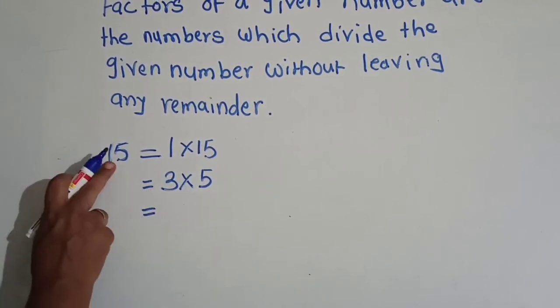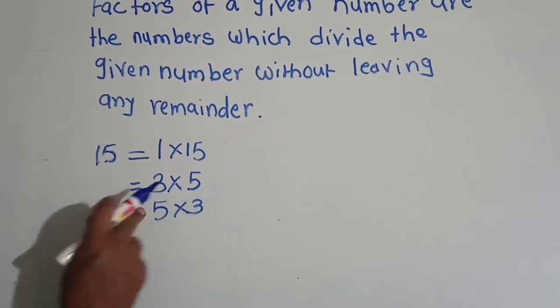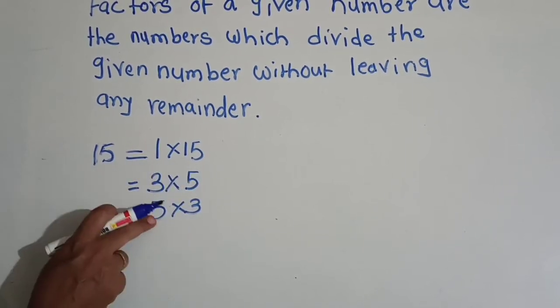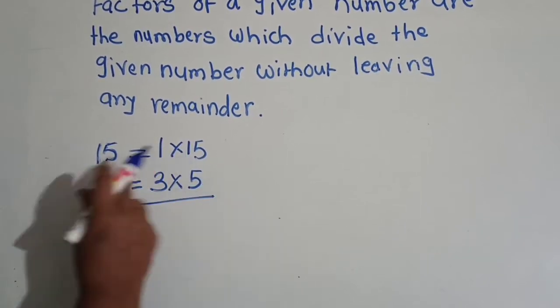After that, 5. 5 threes are 15, and we have already written here 3 fives, so 5 threes is a repeat. So we have to complete here.